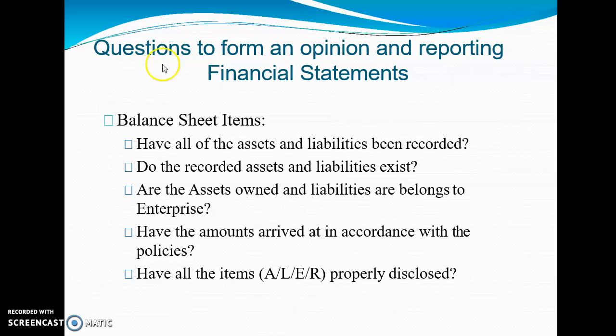So there are questions to form an opinion in reporting the financial statement, from the balance sheet items. Okay, you can ask questions such as, have all of the assets and liabilities been recorded?